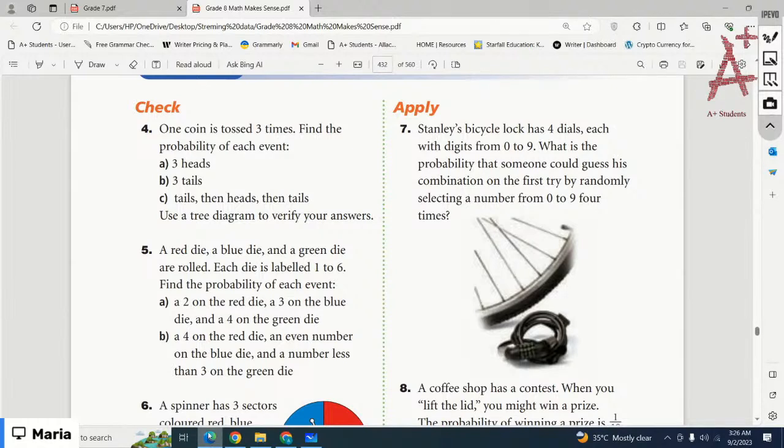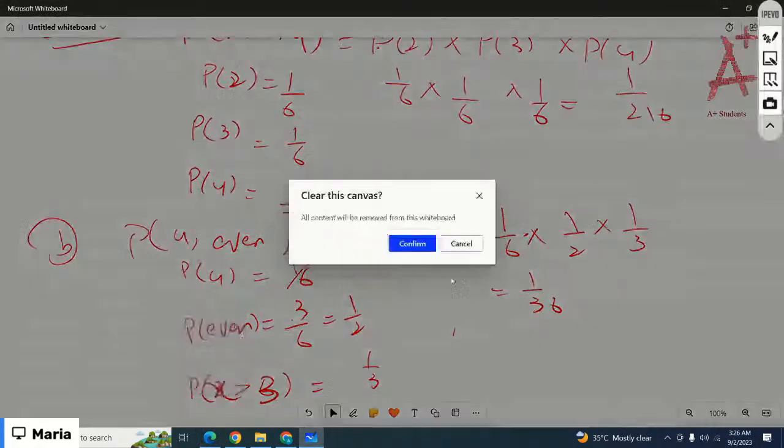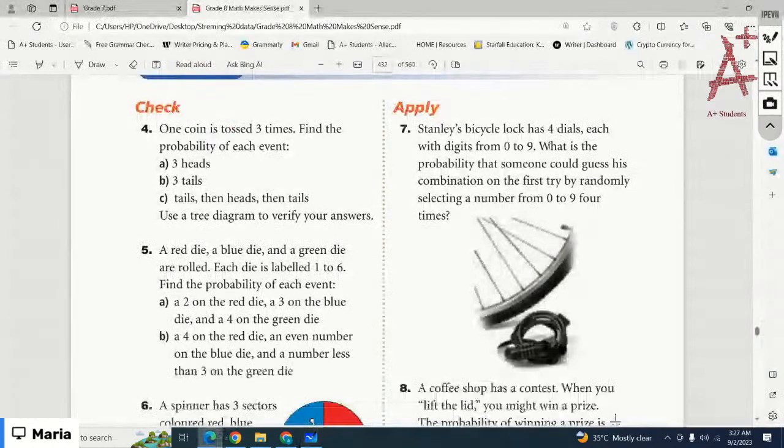For example, the numbers are W, X, Y, and Z. So you have to calculate the probability of W, the probability of X, the probability of Y, and the probability of Z. W is the number on the first dial.